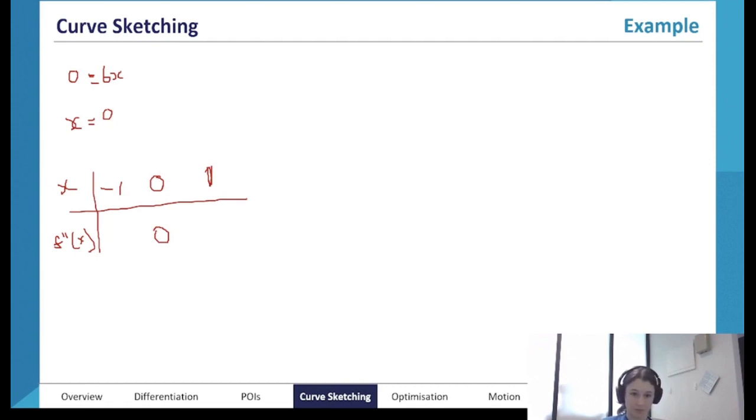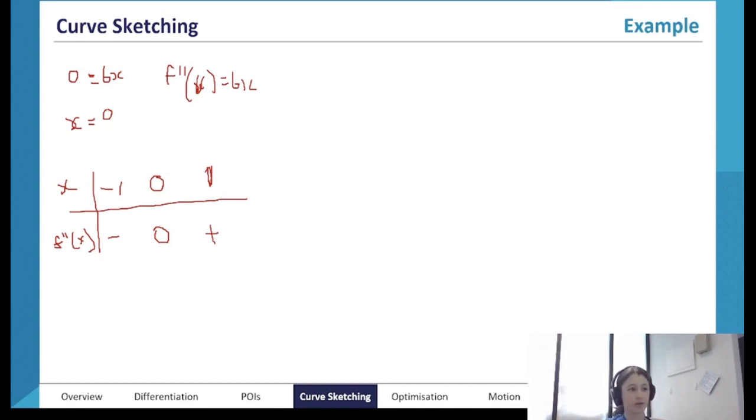So remember, our second derivative of x is 6x. So 6 times negative 1 is negative, 6 times positive 1 is positive. So this tells us that the concavity around our point of inflection changes, which means it is in fact a point of inflection, which is brilliant.